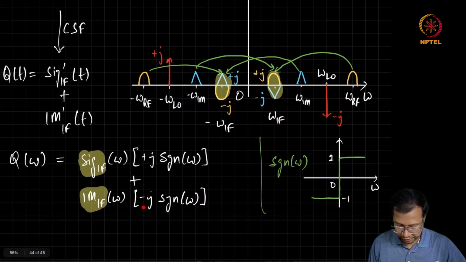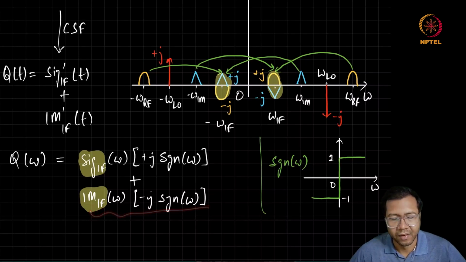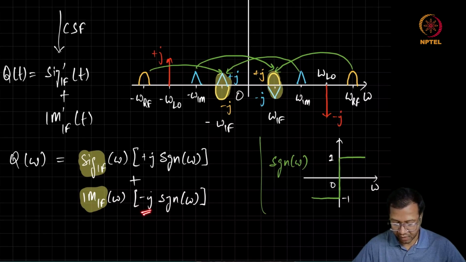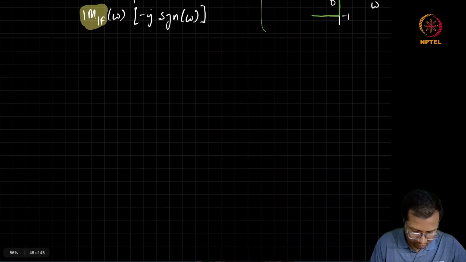So this operation where the signal is either multiplied by plus j or minus j depending on the polarity of the frequency component is also called the Hilbert transform.